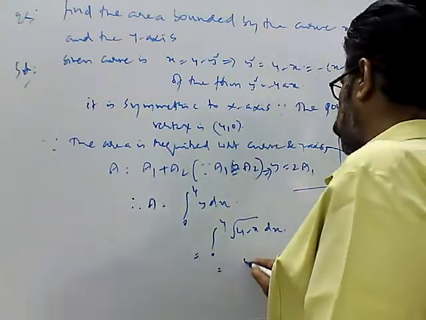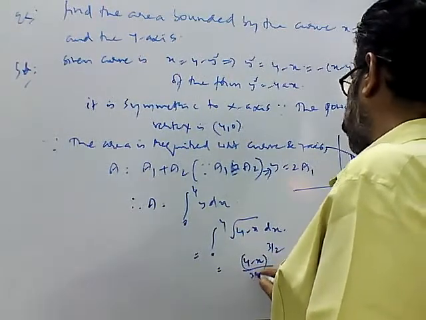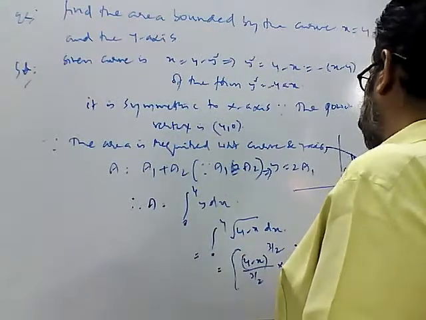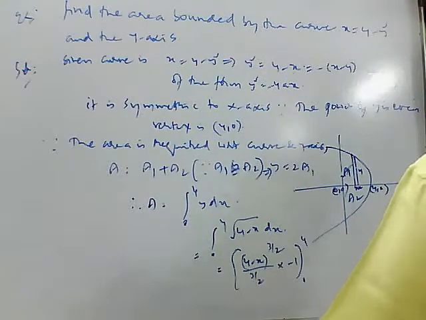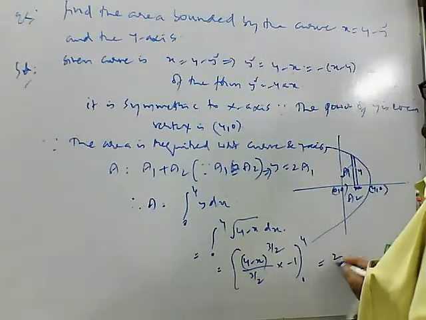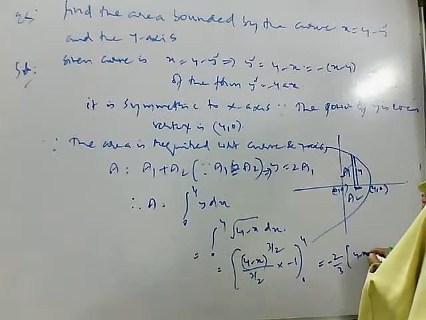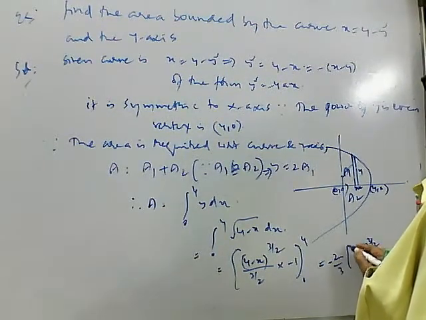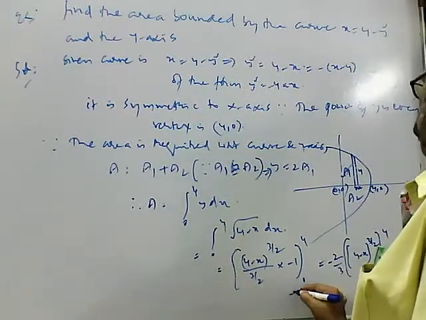That is equal to 4 minus x whole power 3 by 2, divided by 3 by 2 into minus 1, from 0 to 4. That is minus 2 by 3 into 4 minus x whole power 3 by 2, from 0 to 4.